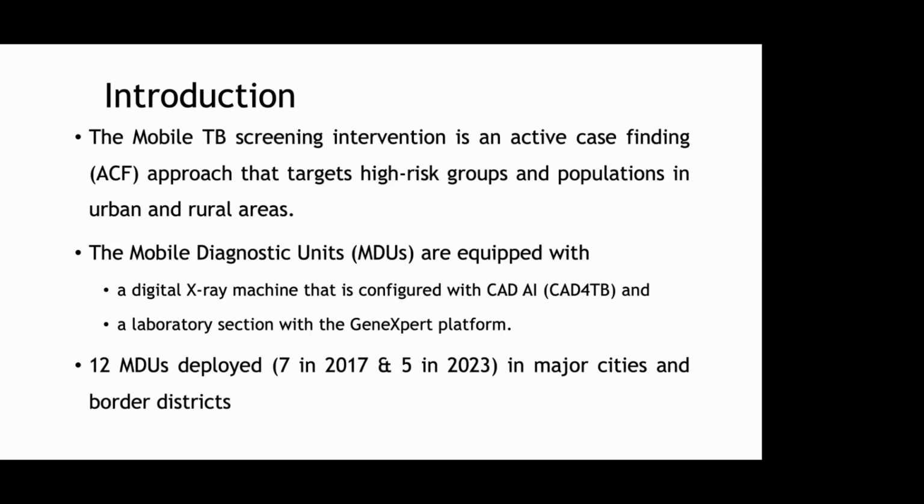When I say deployed, they're deployed permanently to these areas that were hardest hit. Because of the success we had seen with these 7, we then bought an additional 5 in 2023 and deployed these to borders primarily, but they too roamed around the country just like the original 7. Next slide.